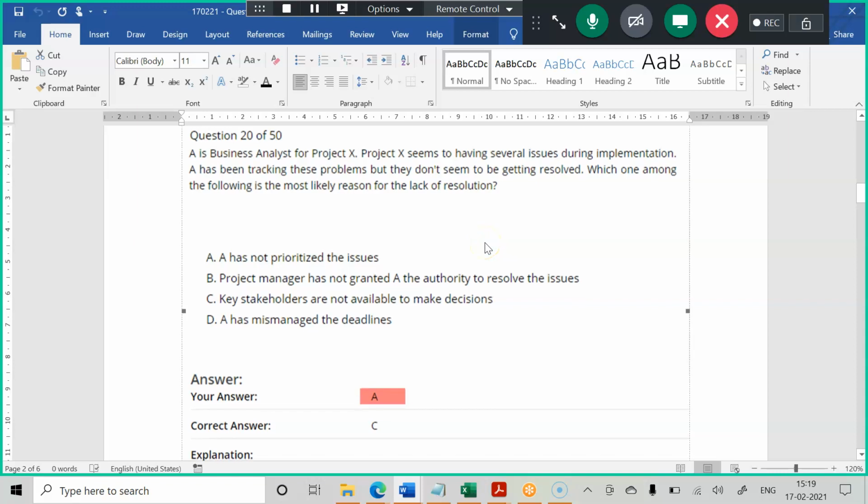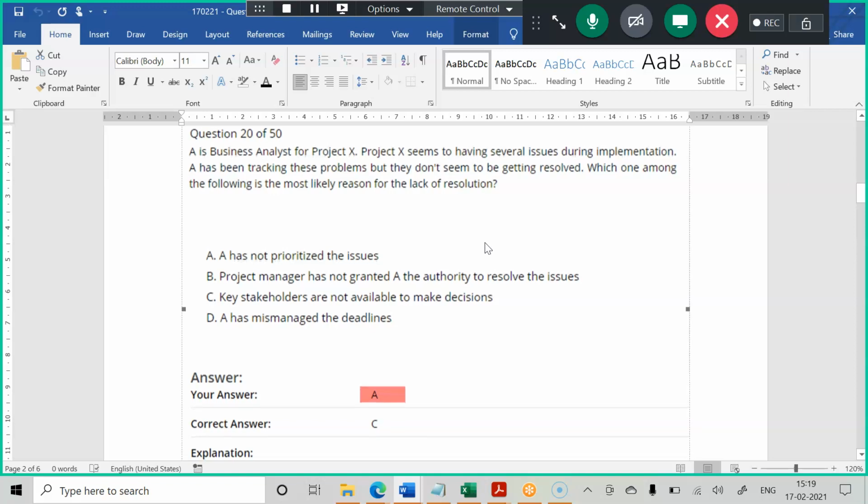If the stakeholder is not present, it will not get resolved. You are tracking the issues, but to resolve those issues you have to sit with the stakeholder and collaborate with the stakeholder. That's what I also think. Somebody's tracking it and it doesn't seem to be getting resolved for certain reasons, so you have to look at what factors are stopping it from being resolved.